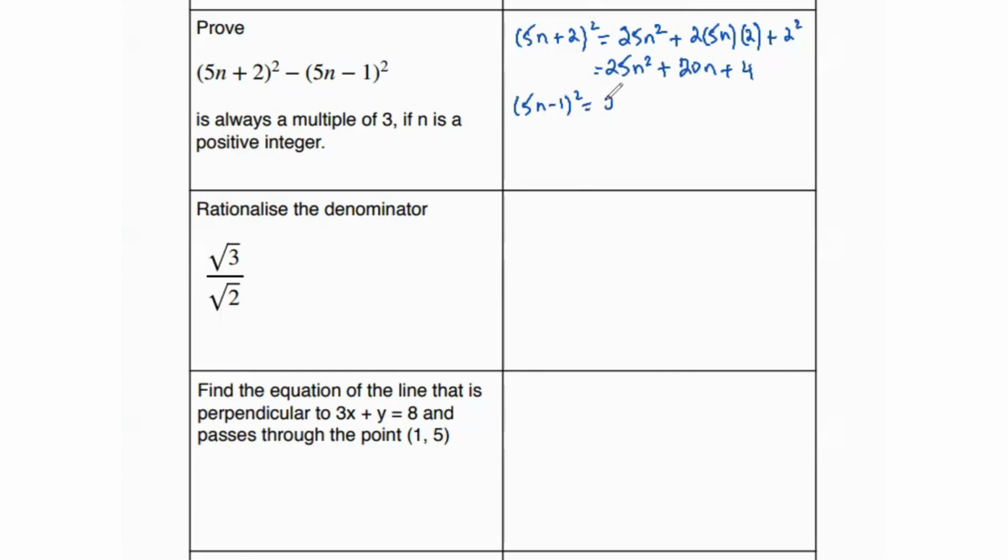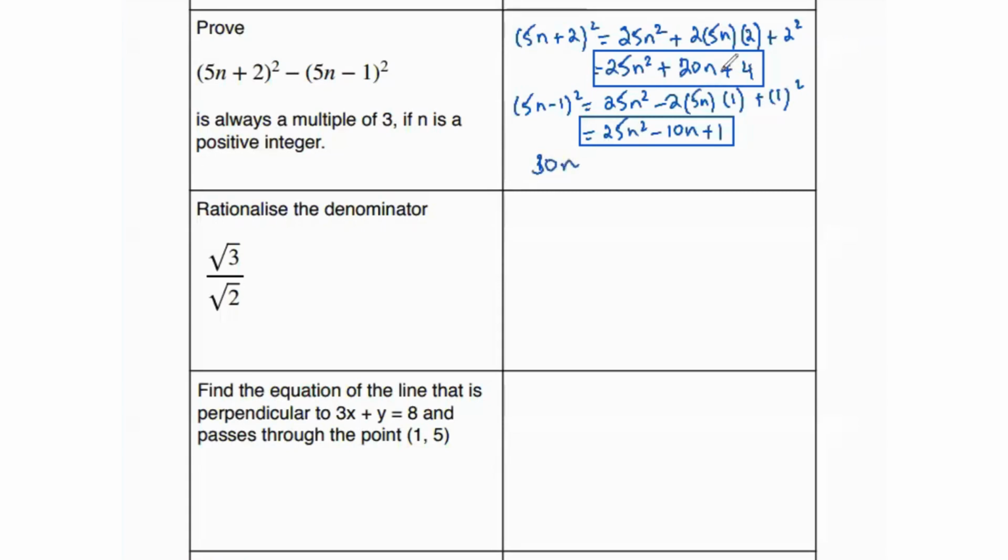Now (5n − 1)² expanded is 25n² − 2 times 5n times 1 + 1², which is 25n² − 10n + 1. Now if we subtract these two, we know that 25n² − 25n² is 0. 20n − (−10n) is going to be 30n. 4 − 1 is 3.